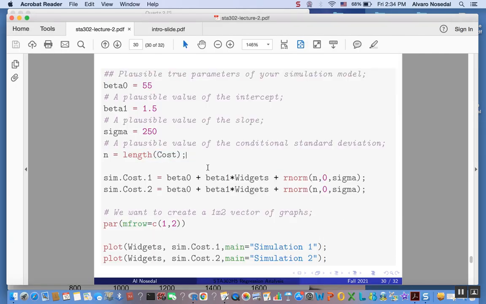Okay, so here we go. This is where we're carrying out our first simulation, and I'm naming that first simulation sim cost 1.